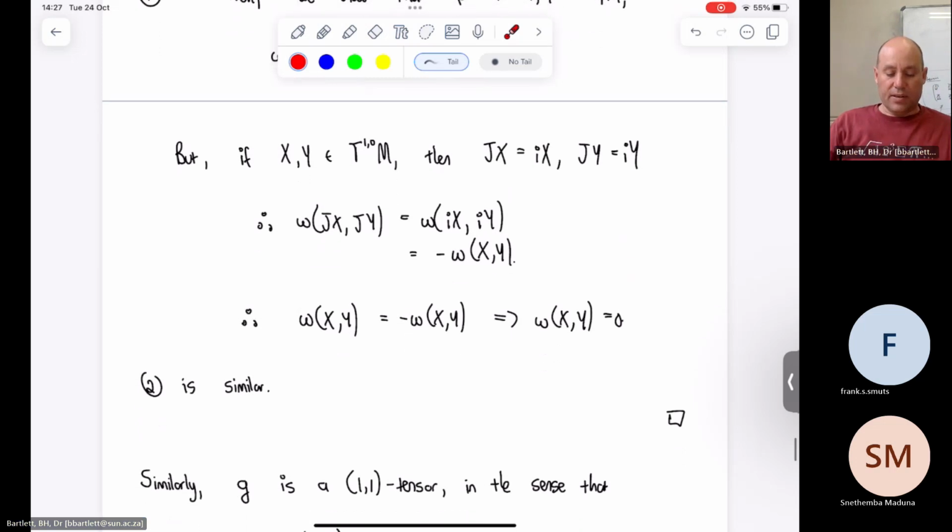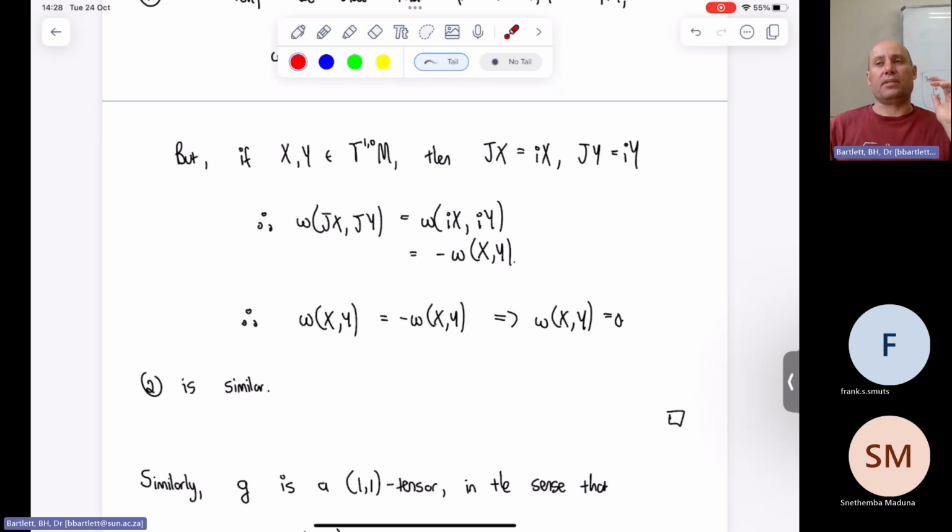One thing I want to point out here: remember what we're doing. We started with a Riemannian metric g, and we asked that it be compatible with the complex structure. Then we got out this associated fundamental 2-form, omega. Now, the information of g and omega is sort of interchangeable, and you can start from one perspective or the other.